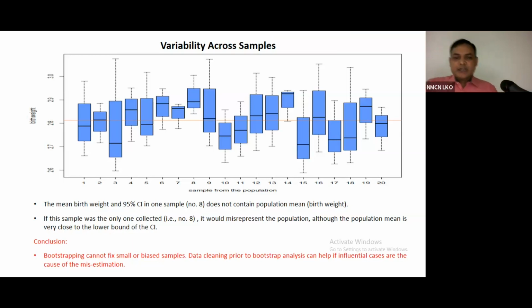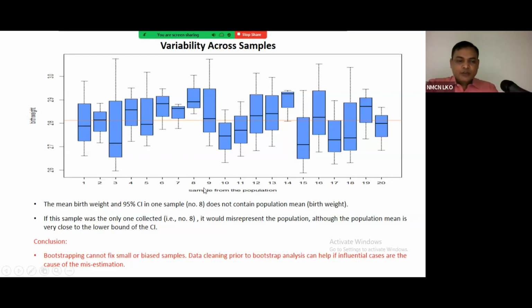We can see here sample number 8. The mean birth weight of this sample does not contain the population mean. So if we draw this sample from the population, it would misinterpret the population, although the population mean is very close to the lower bound of the confidence interval.